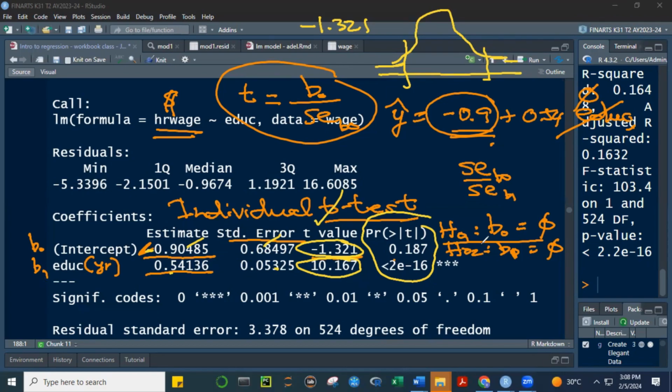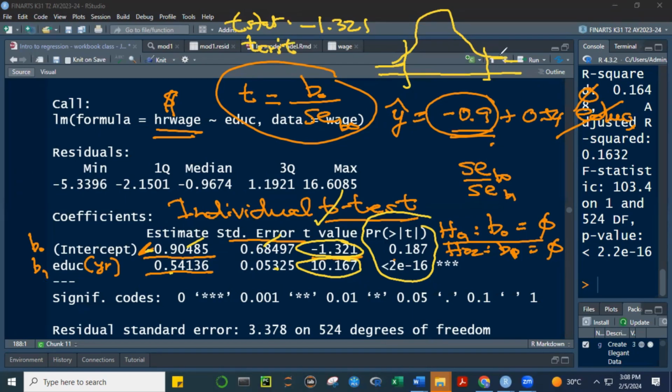Alright? Ang tanong natin, class, what is the t-critical? Kasi gusto natin, ito yung t-stat natin. Ang gusto natin malaman, t-critical. Kasi if you recall, class, di ba?